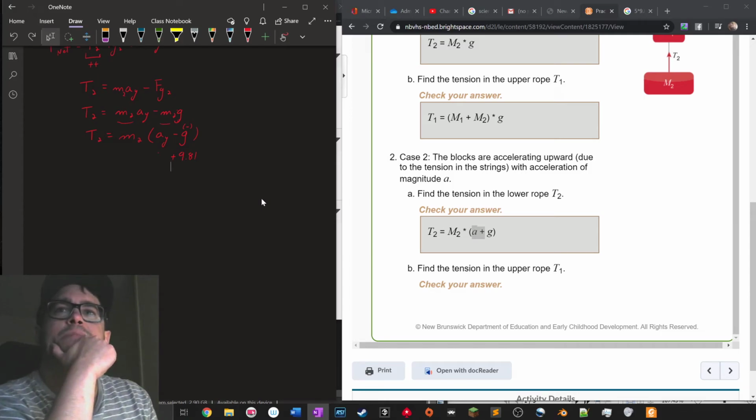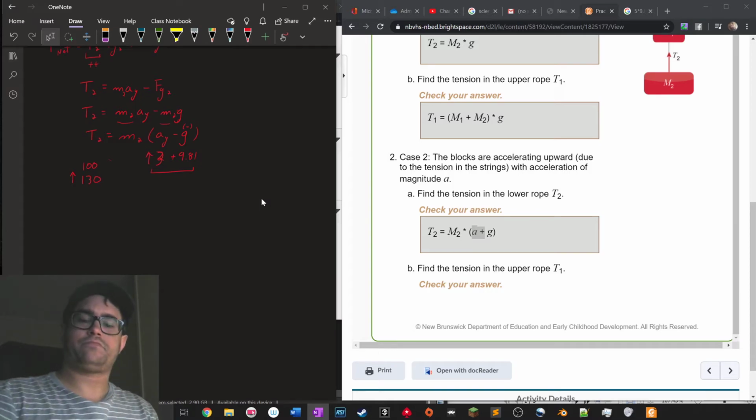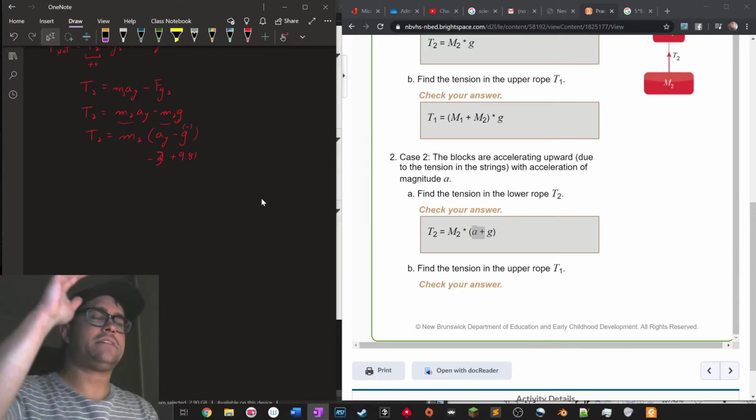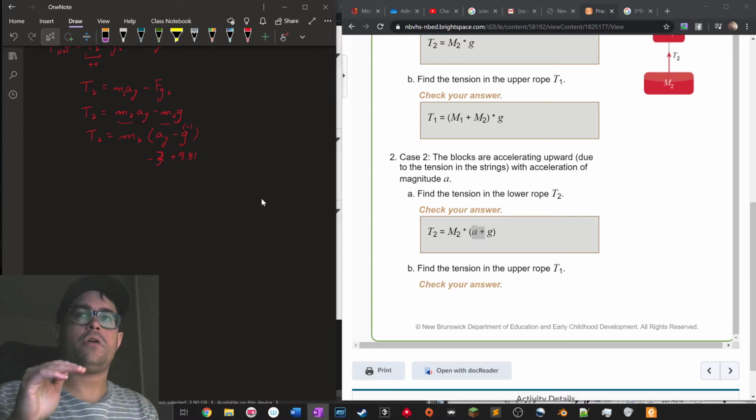If it's a positive number, like 2 or 3, then you're increasing that number. So you've increased your T, which maybe was 100 at first. Now because of this, it might be 130, which means you've increased the tension going up. So that's why you're accelerating up. And if that number happens to be a negative number, so it's accelerating downwards, think about it, right?